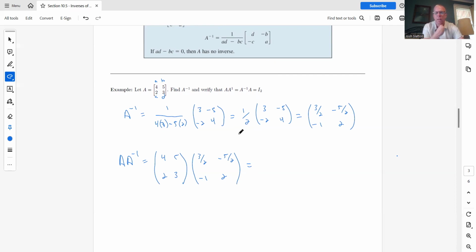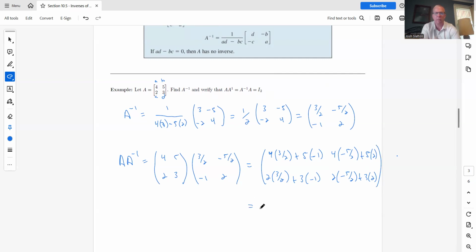So we have 4 times 3/2 plus 5 times -1, and then 4 times -5/2 plus 5 times 2, and then 2 times 3/2 plus 3 times -1, and then 2 times -5/2 plus 3 times 2.